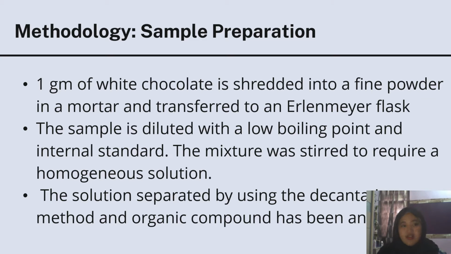For the second step, the sample is diluted with a low boiling point solvent and internal standard. The mixture was stirred to acquire a homogeneous solution. For the last step, the solution was separated using the decantation method and the organic compound was analyzed.